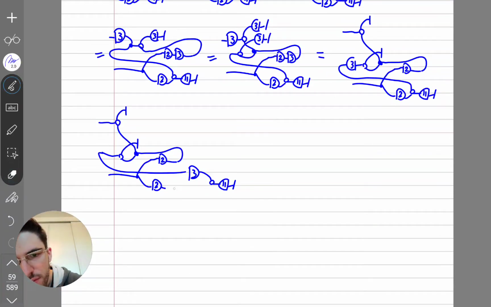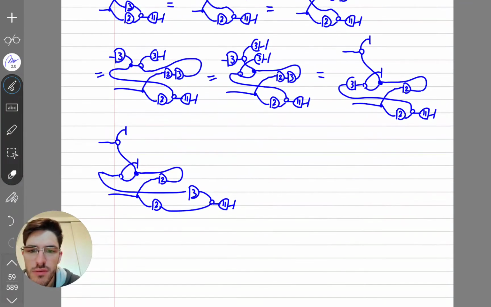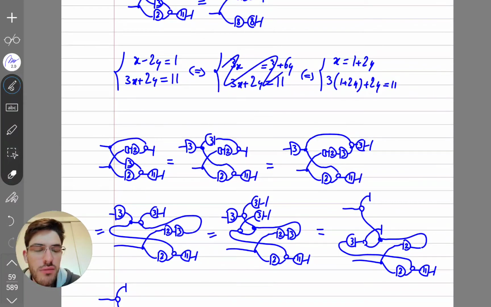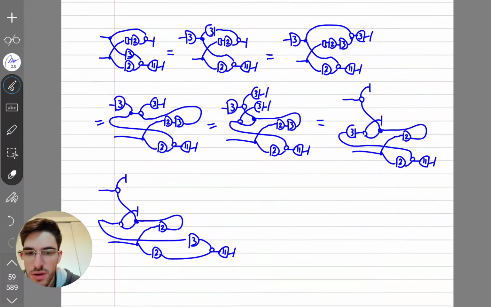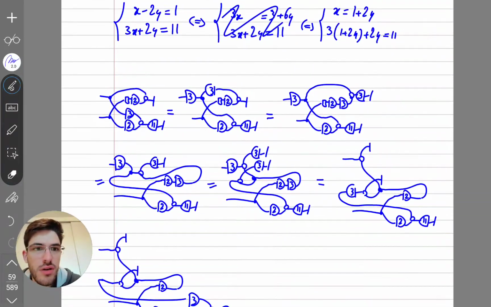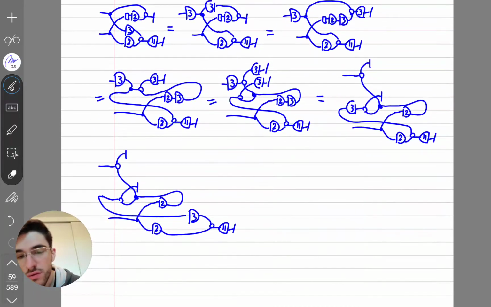So let's slide it. I feel like I messed up the direction of the 3 because I'm not supposed to. Am I supposed to divide by 3? Who knows? Let's trust me for now. 3.